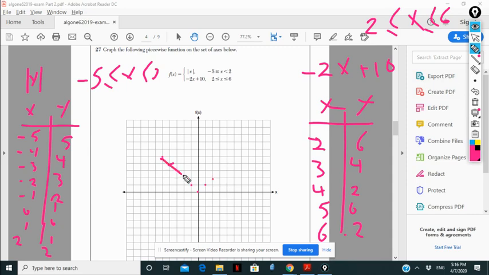And I have to connect the line. But I have something to remember: the 2 isn't included in the part for absolute value of x.